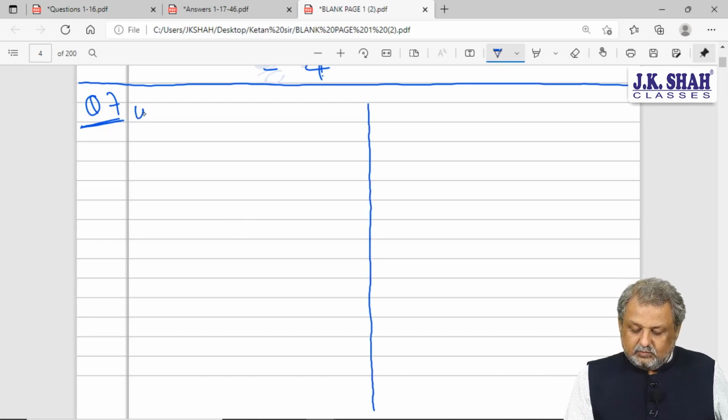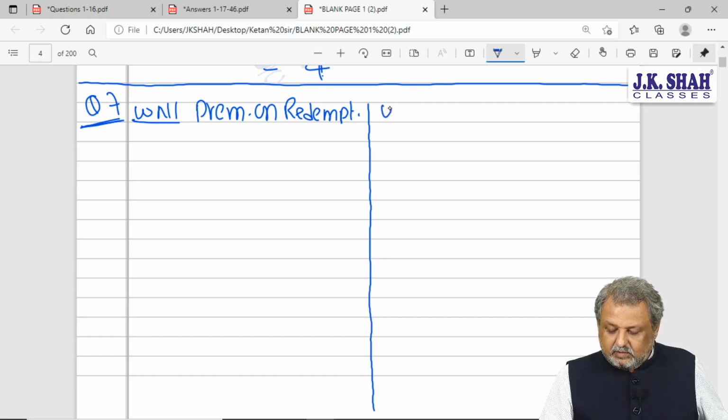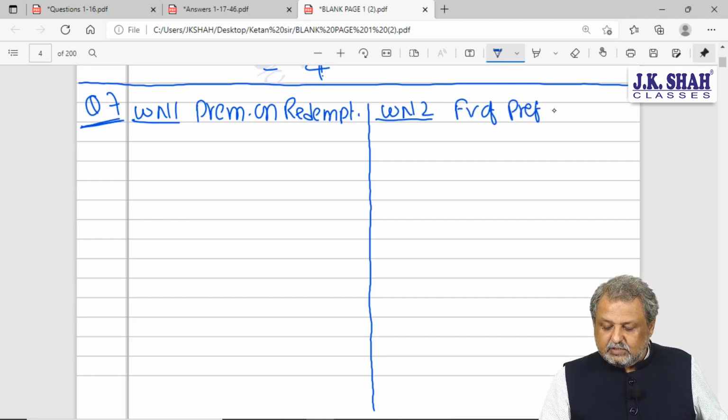First working note, premium on redemption. And second working note, face value of preference share to be redeemed.